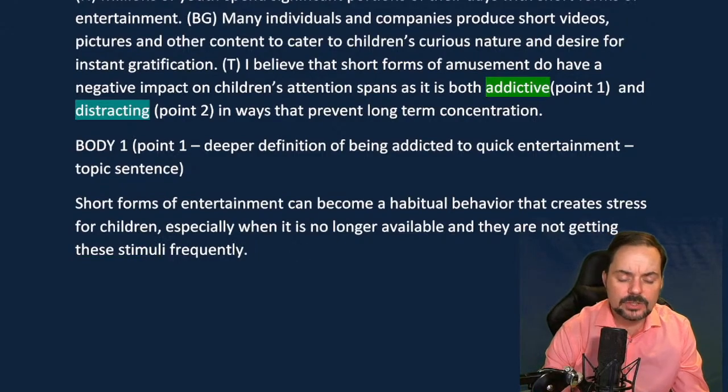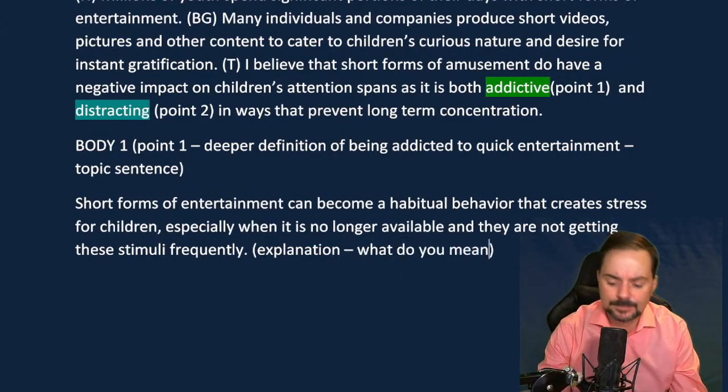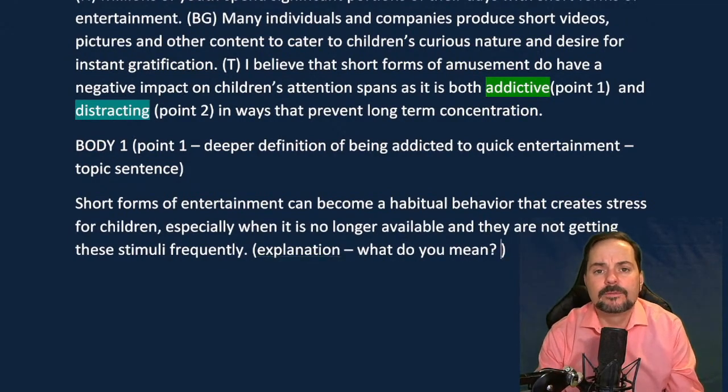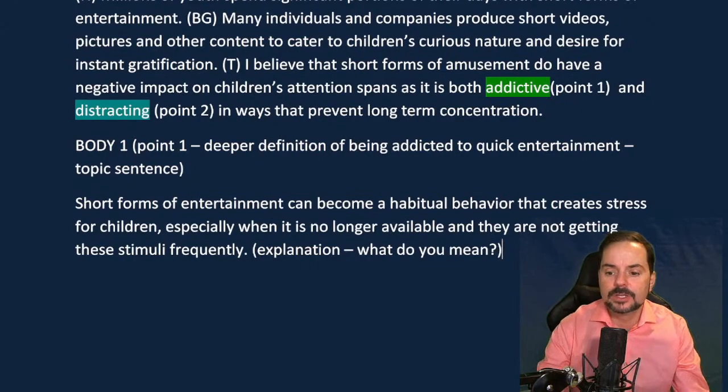Good. So now we need to explain that. Okay? So we need to give an explanation. And when you think about the explanation, you need to think about, like, well, what do you mean? Okay? So what do you mean short forms of entertainment become habitual? Okay?